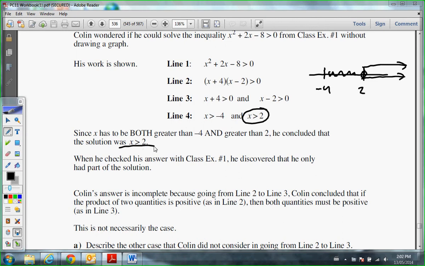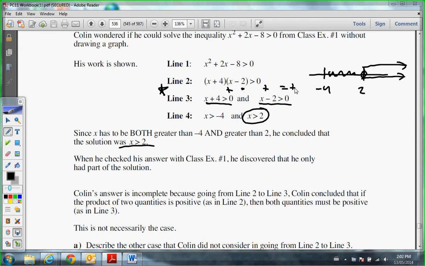When he checked his answer, he discovered he only had part of the solution, so he's still missing a piece. This is part of the investigation. Colin's answer is incomplete because going from line 2 to line 3, Colin concluded that if the product of two quantities is positive, he's saying x plus 4 is positive, greater than 0, and x minus 2 is positive, greater than 0, because a positive times a positive equals a positive.